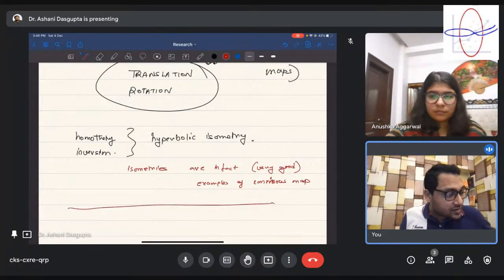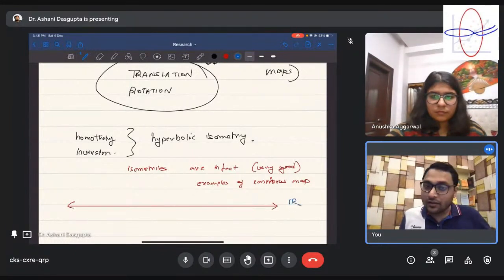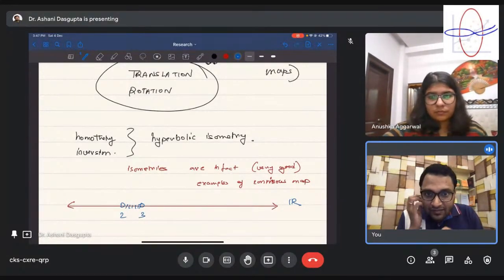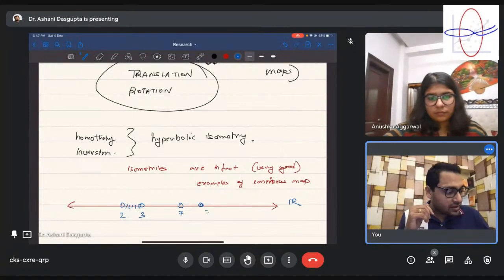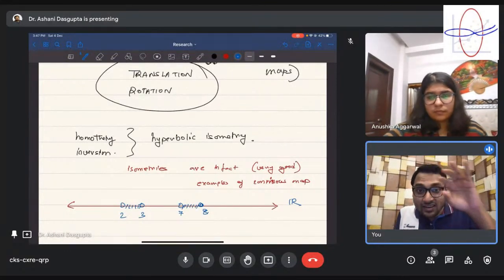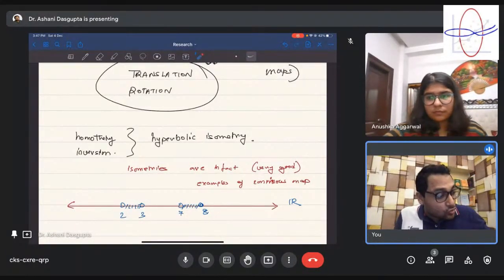If you have an interval on R, let's say (2, 3), an open interval, and if you shift it by 5 units, you go to (7, 8). This is an isometry. You parallelly shifted it. But remember, this is a good subset of R because it's an open interval.